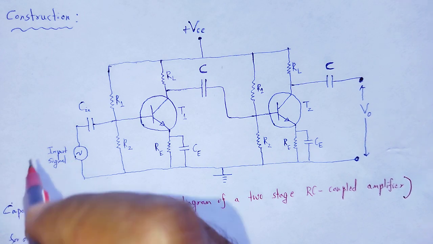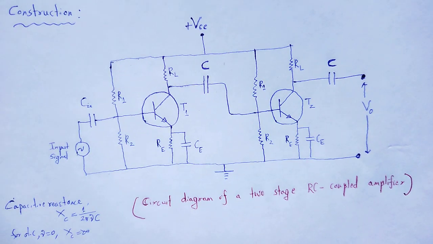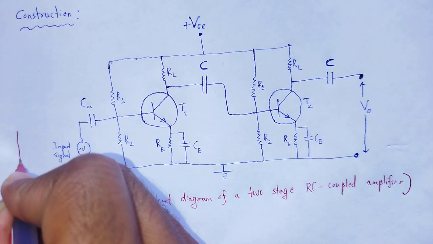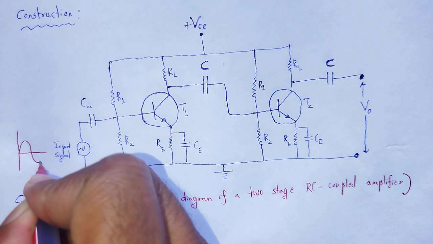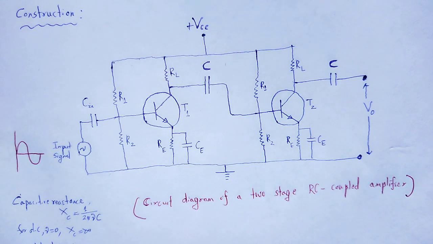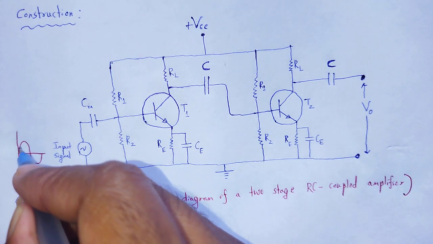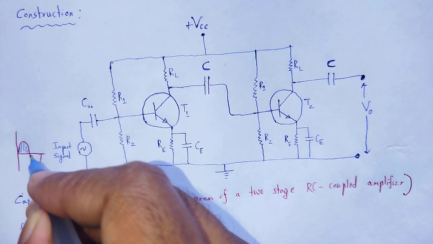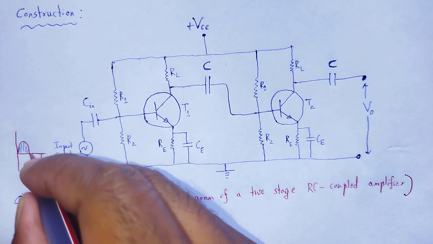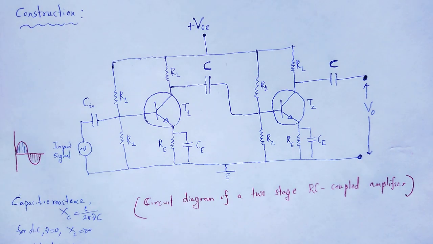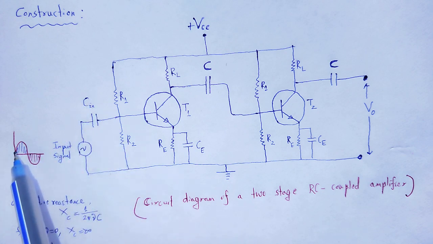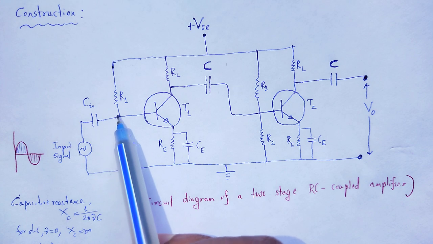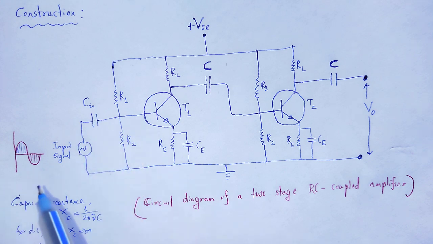As we provide the input signal, let us analyze it. If we apply an input AC signal, with a positive half cycle and a negative half cycle, through the capacitor, it allows AC and obstructs the DC.